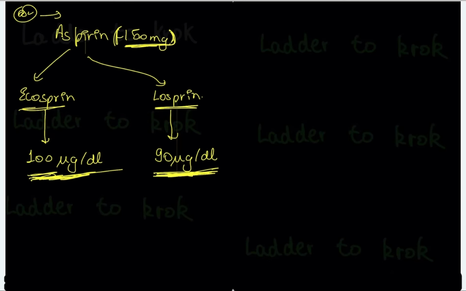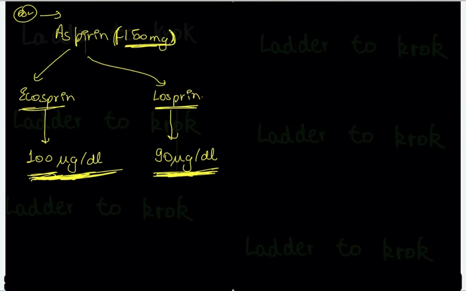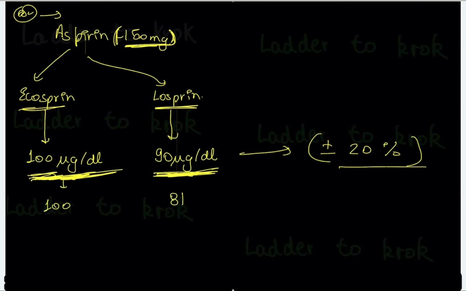Now if two brands have the same drug with almost similar bioavailability, how similar can the bioavailability be? Like 1%, 2%, how much? In India, it is plus minus 20%. Like if one is 100 and the other is 81, then also these drugs are bioequivalent.